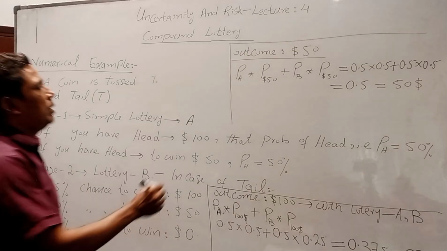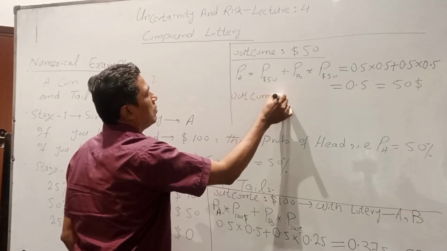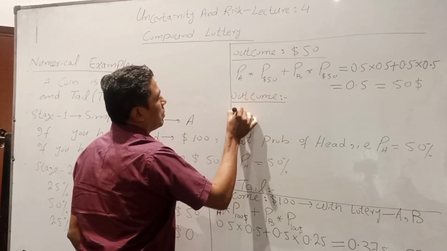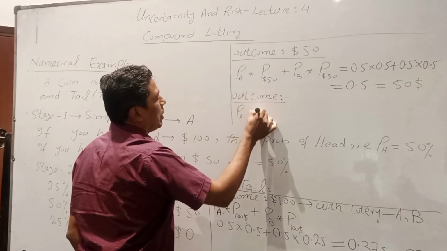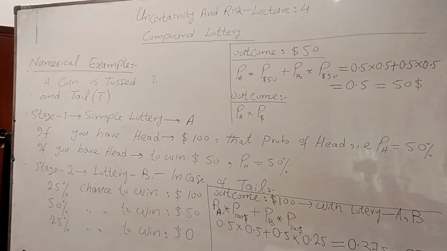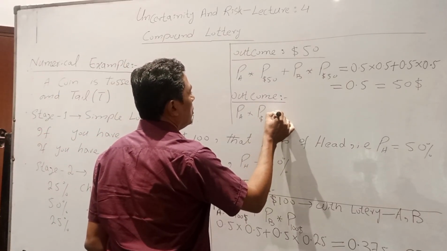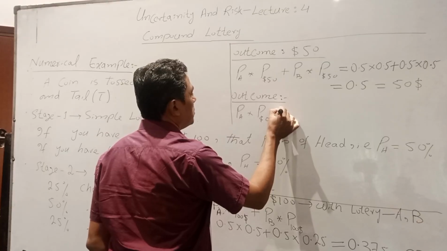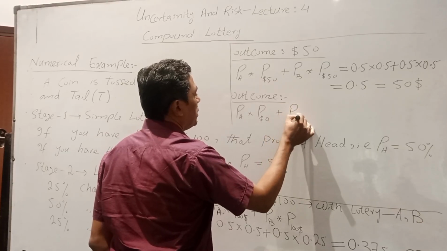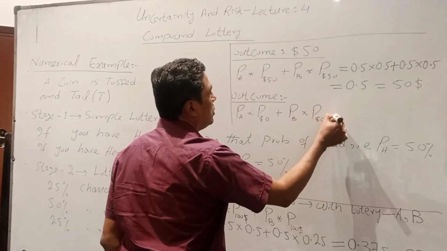Okay, so now next is the outcome $0. Probability of A multiplied by probability to win $0, plus probability of lottery B multiplied by probability to win $0.